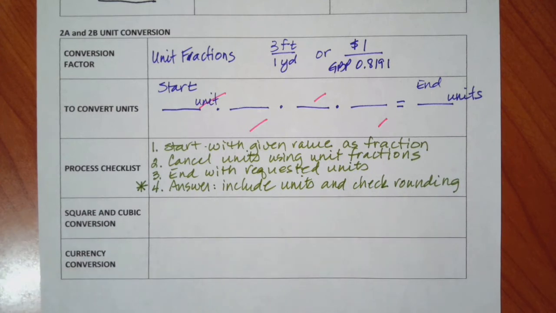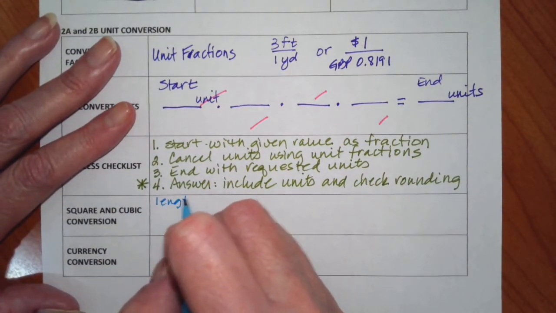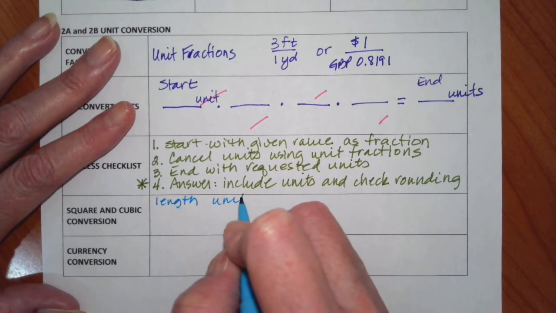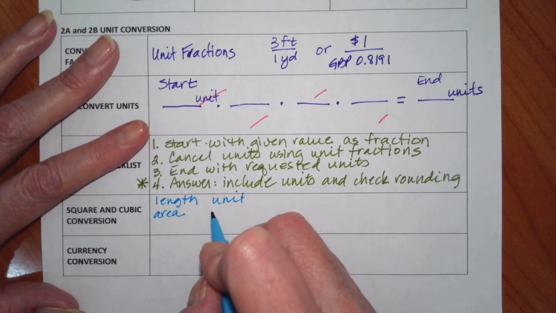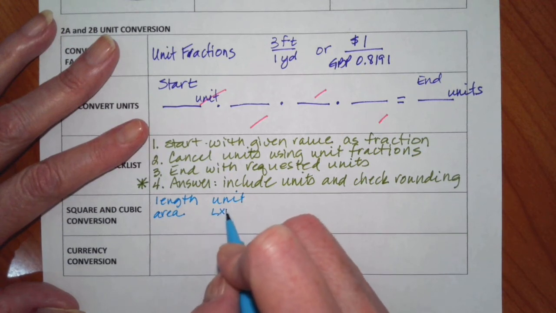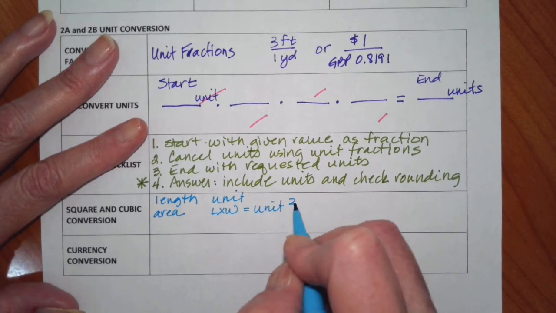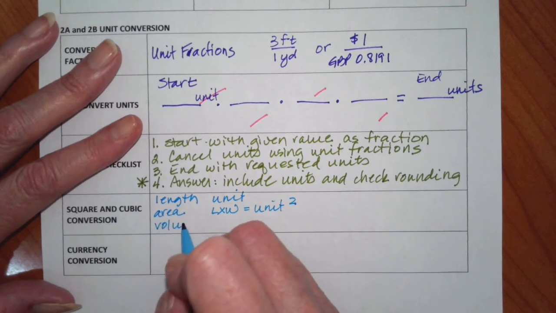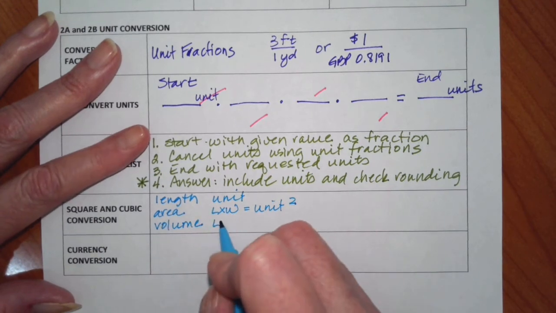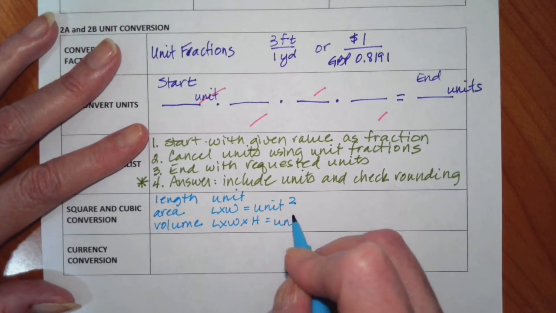Okay, square and cubic. Okay, we know that length is just our unit. Area is length times width, which gives us our unit squared. And your volume is length times width times height, which gives you your cubic units.